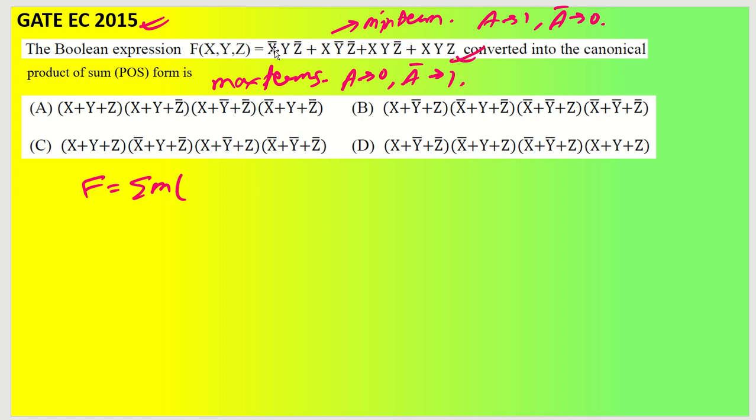Can we see what the min term values are? I'll just write it down in logic form. So it is going to be 0 1 0, next is 1 0 0, the next one is 1 1 0, and 1 1 1. So it is the sum of min terms 2, 4, 6, 7. You can see it is 2, it is 4, it is 6, it is 7.